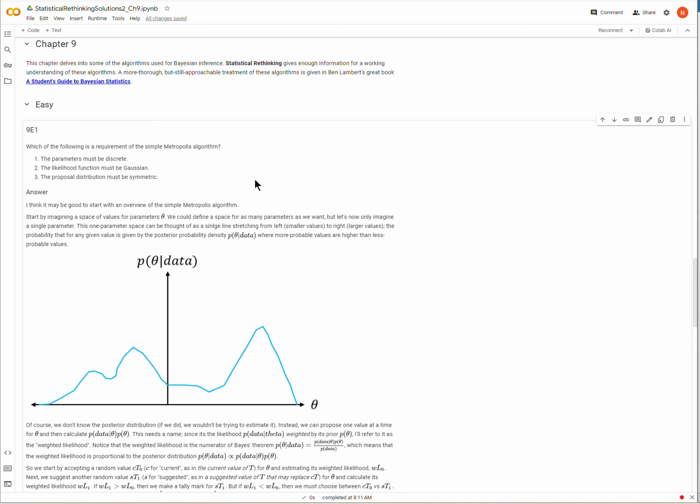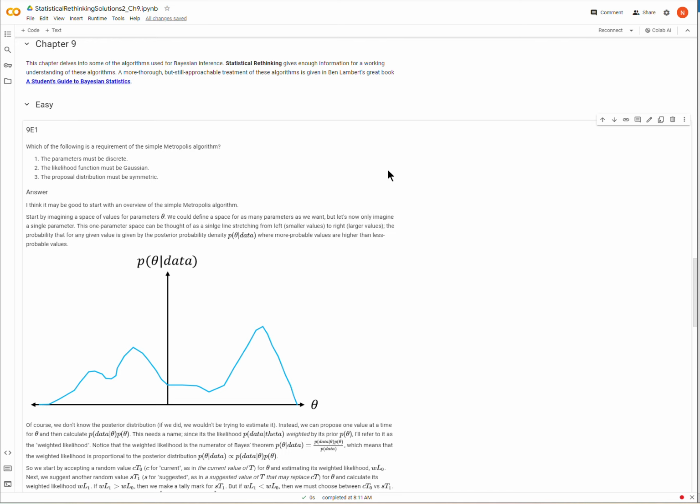Without going too far into what it's doing, what that method relies on is that the posterior distribution can be roughly approximated with normal distributions. When we start to get into probability distributions where there are not good normal approximations, we have to use something else.